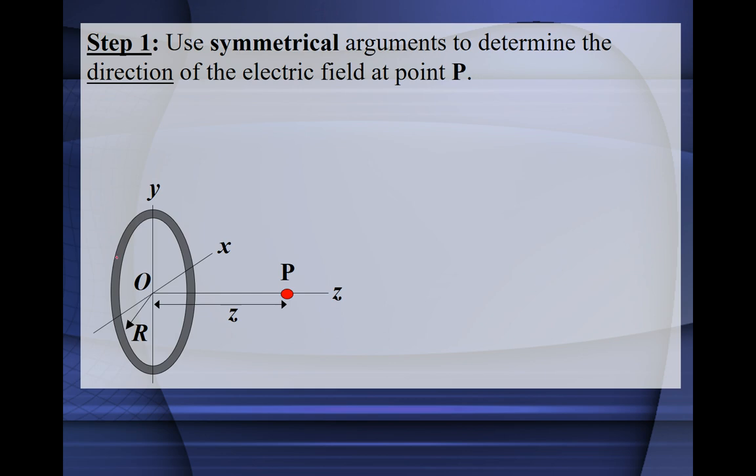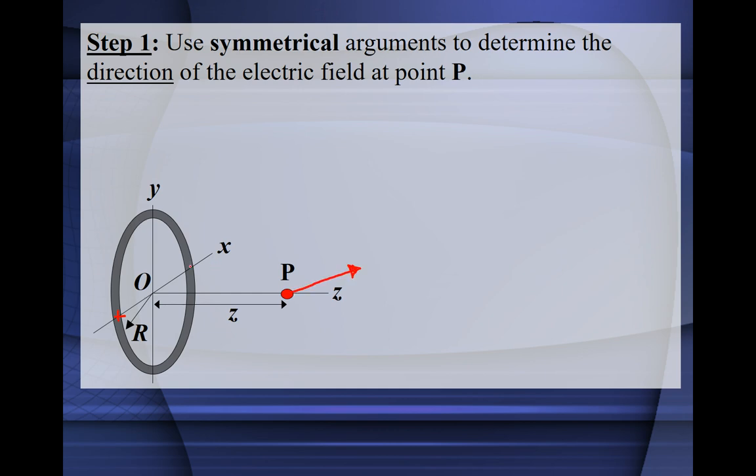So I'll just draw a couple of charges on this ring here. Let's say we have a charge that's somewhere along the positive x-axis. Now, that charge, if you put a positive test charge at point P, would cause the electric field to be in a direction maybe something like this.